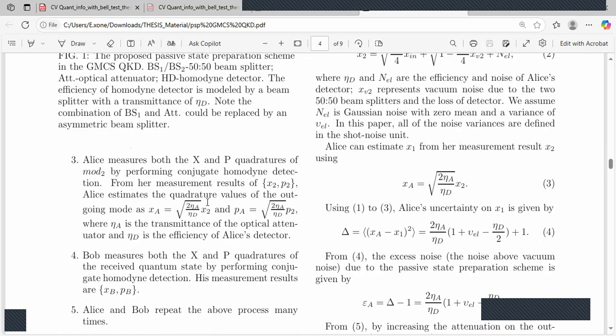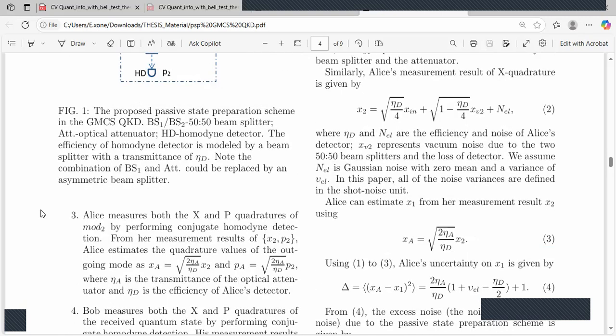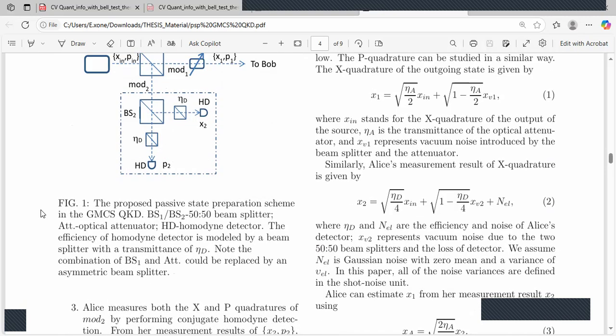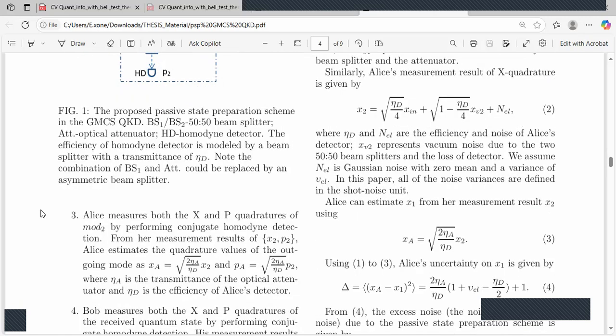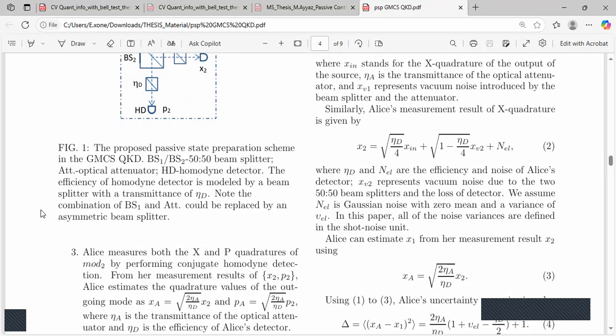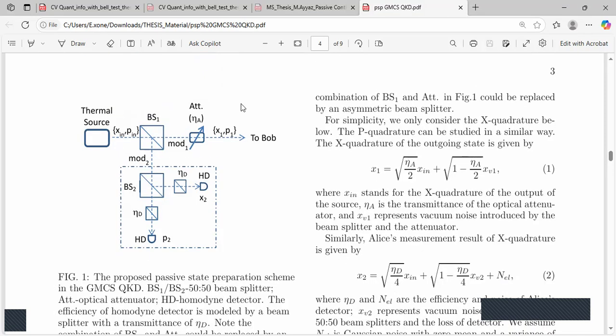Alice is going to estimate the outgoing mode x1 and p1 by employing, as I have said earlier, the conjugate homodyne detection. And Bob on the other side is also going to employ another conjugate homodyne detection to estimate the incoming quadrature values.